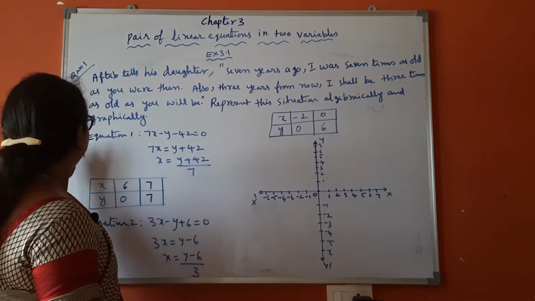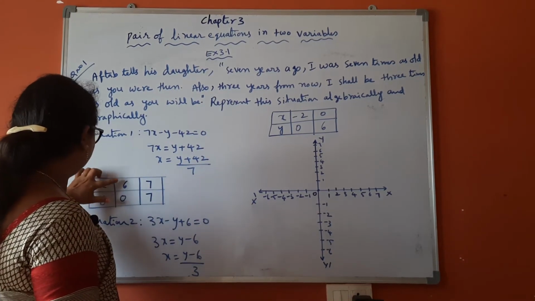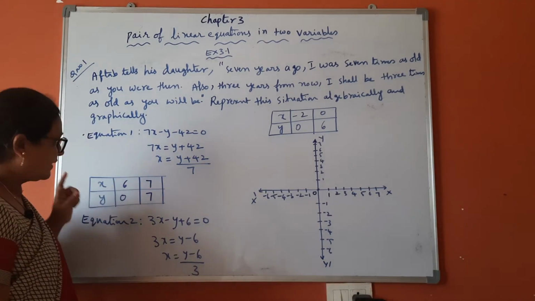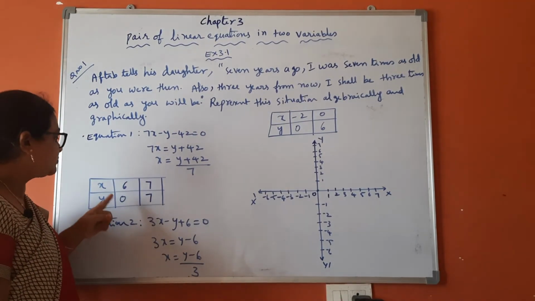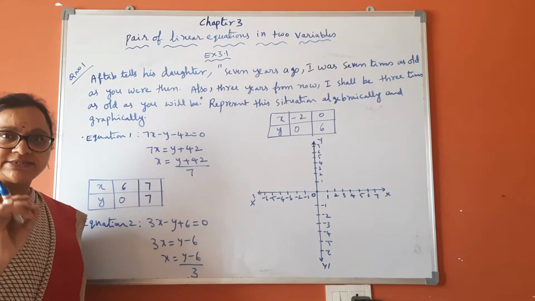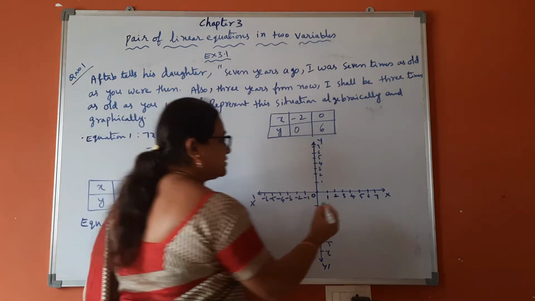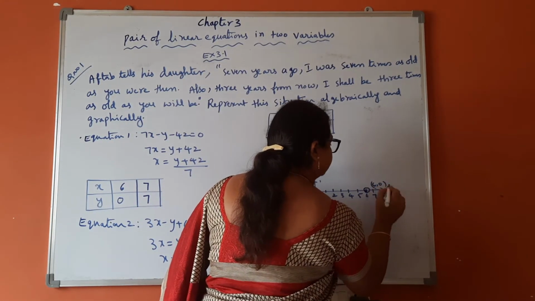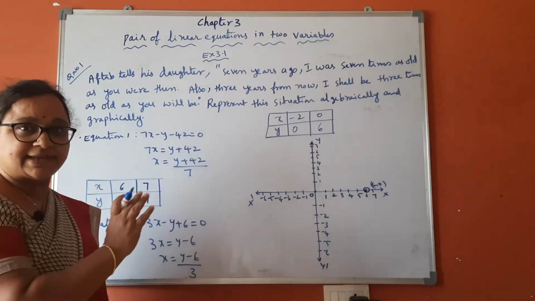Now solution of first equation, 6 comma 0. That means x coordinate is 6 and y coordinate is 0. So this point lies on x axis because its y coordinate is 0. 6 comma 0 lies on x axis.